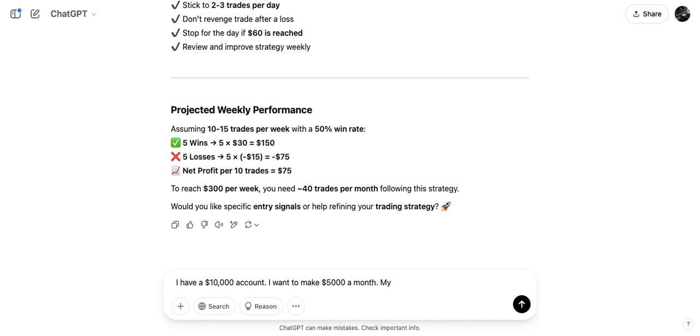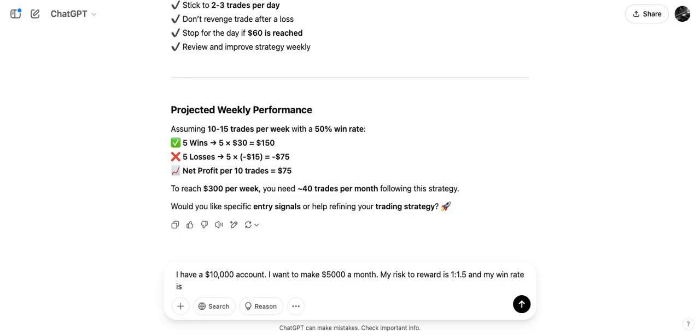And we'll do something different on the risk to reward. My risk to reward is, let's say, 1 to 1.5. And we'll increase the win rate a little bit because the profit target is lower. So let's say we win 60% of our trades.